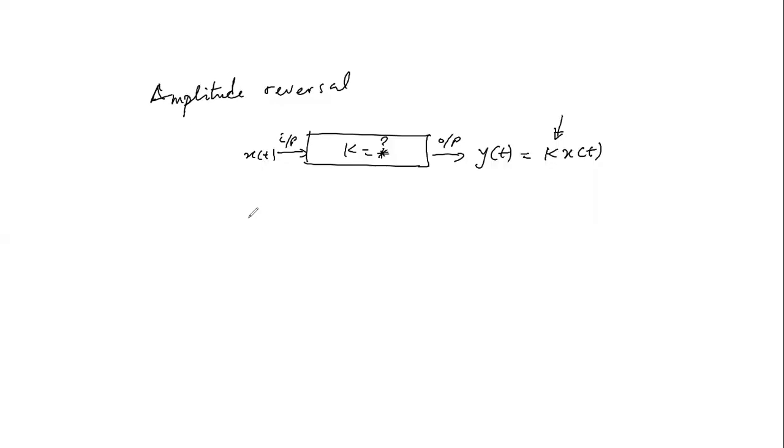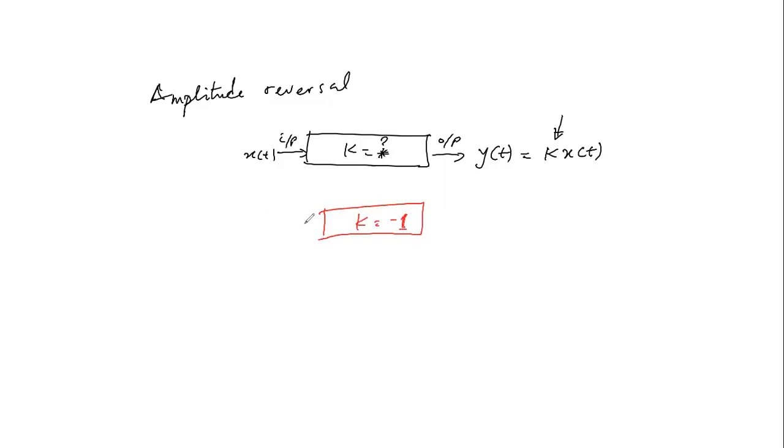So, if for instance, we are given a signal into this system, let's say we have a system k equal to -1.